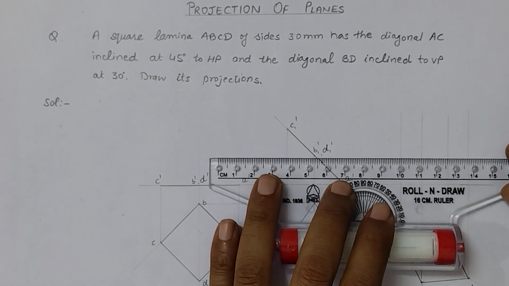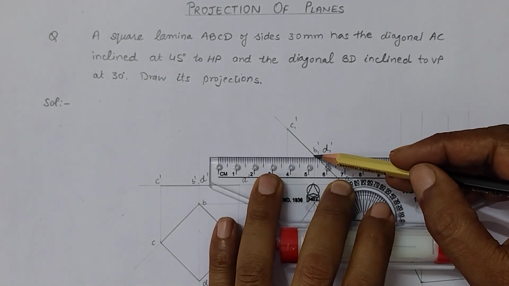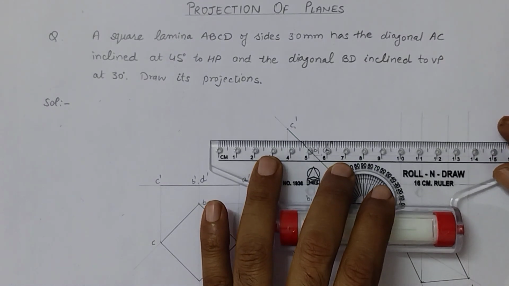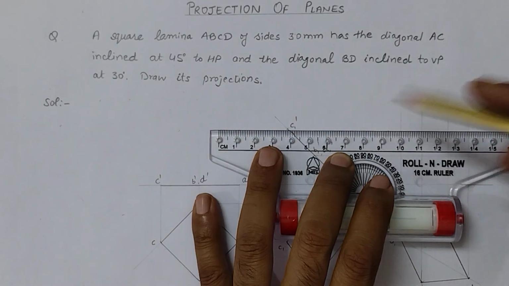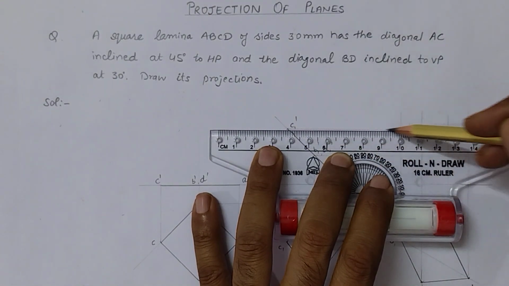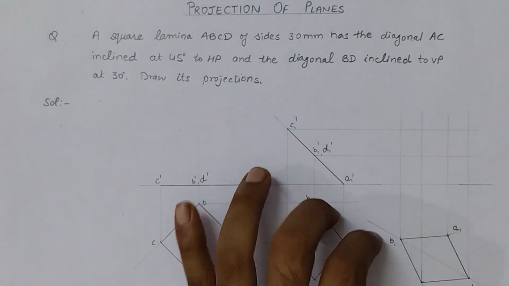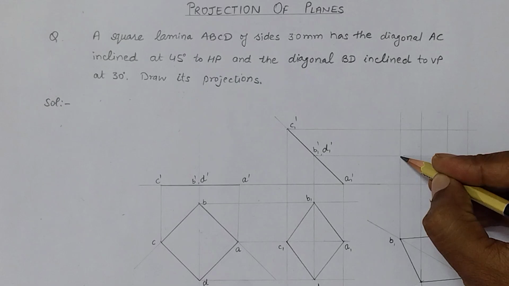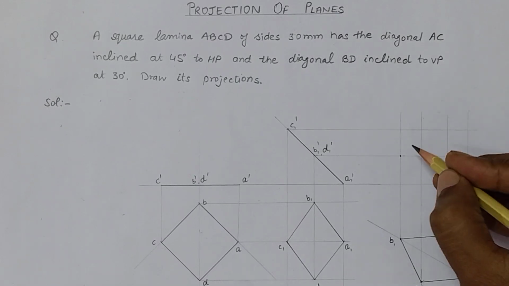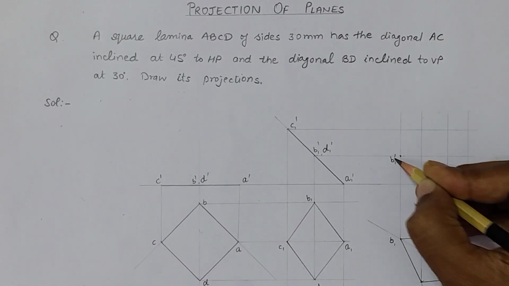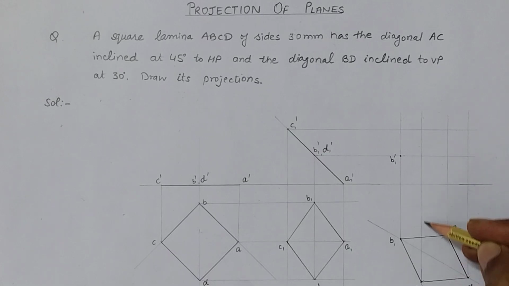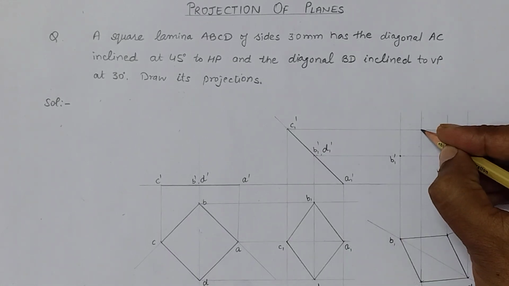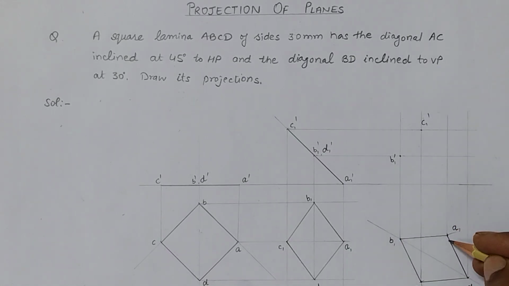Now pass horizontal line through these points, that is B and D, also through C, to get intersection in the front view. Now from this side point B and from this point B, so this is representing B1 dash. Now C from this side, C from this, so this represents C1 dash.